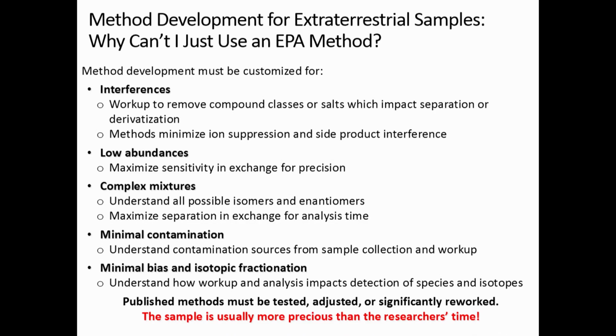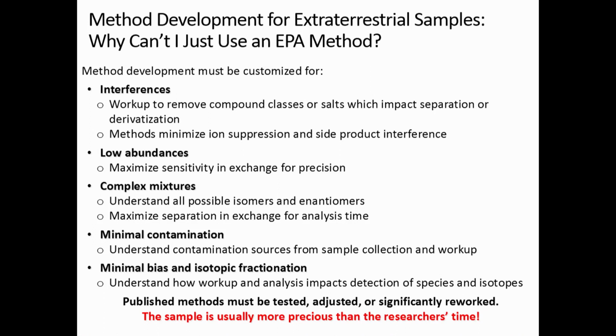In order to target all of these different compound classes, it's actually very tricky. You might think, oh, we know how to analyze amino acids on Earth. We know how to analyze aldehydes or alcohols or PAHs in terrestrial samples. There's EPA methods for a lot of these. So why can't I just use those when I'm analyzing a meteorite or an extraterrestrial sample? There are several reasons.